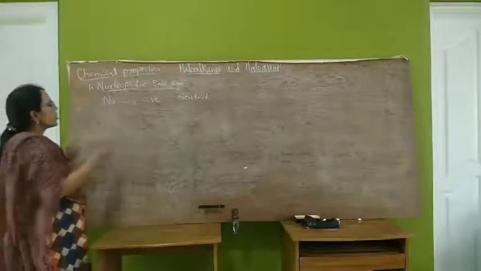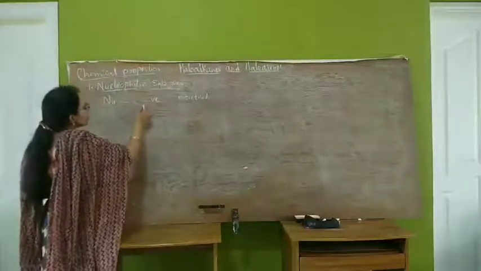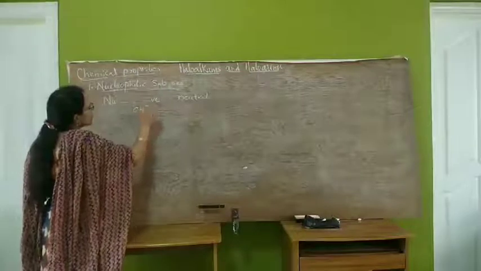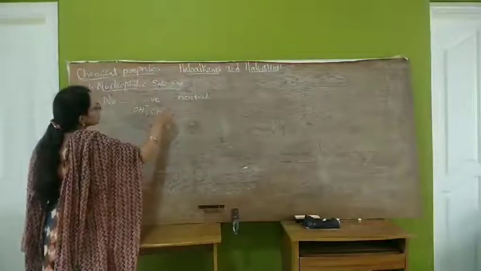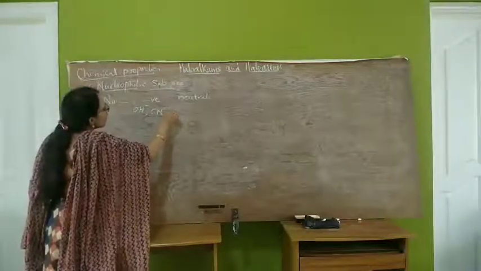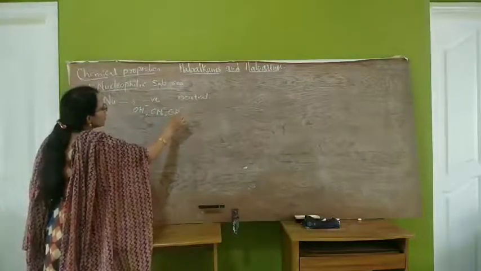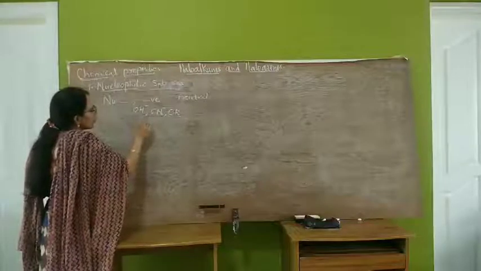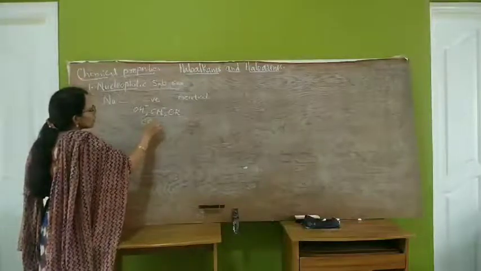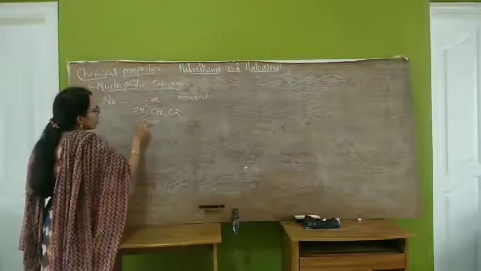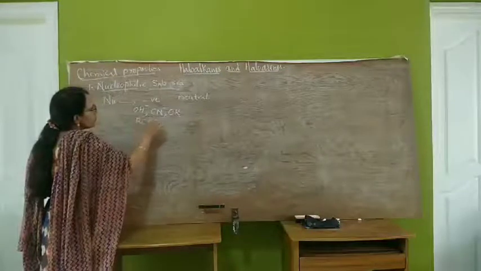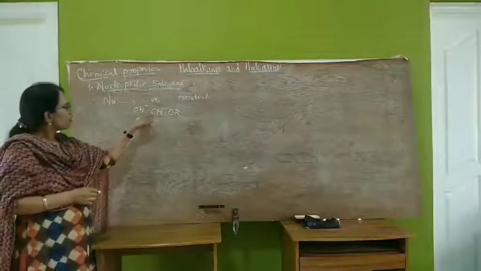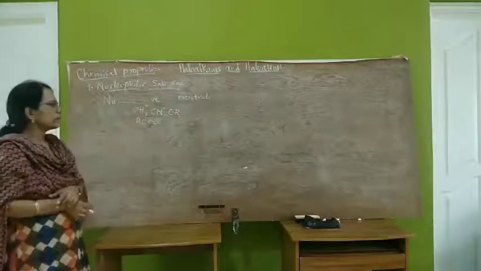Some examples of negatively charged nucleophiles are OH minus, CN minus, alkoxides OR minus, and RCOO minus.